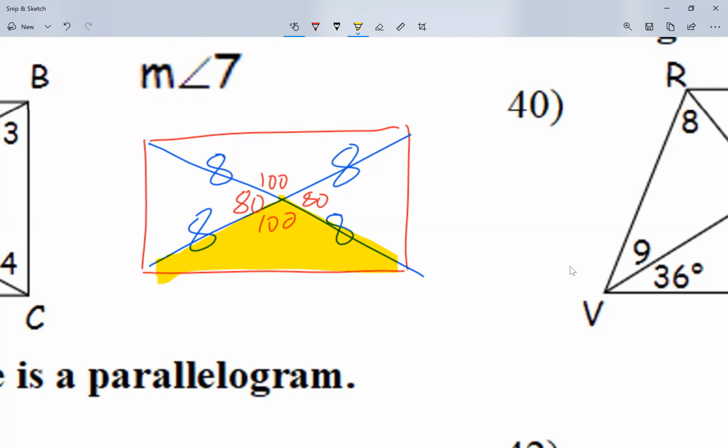We talked about isosceles triangles before, that the base angles are equal. For right now, let's just say each angle is X, but I'm going to say they are equal. So I'm going to call X each of them. And I can figure out what X is, right? I know if I add the three angles of a triangle, X plus X plus 100, it has to add up to 180.